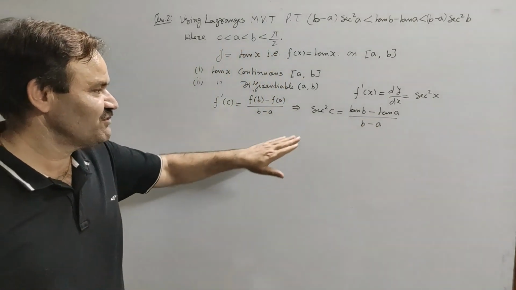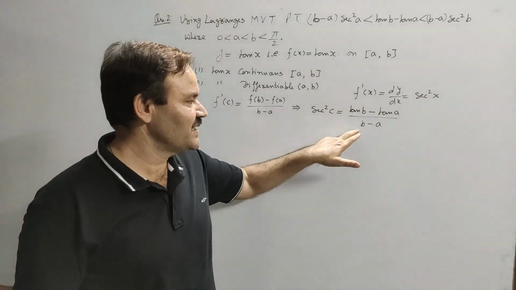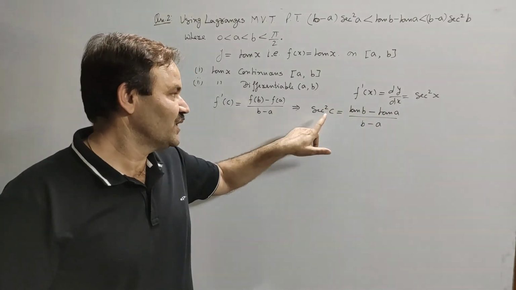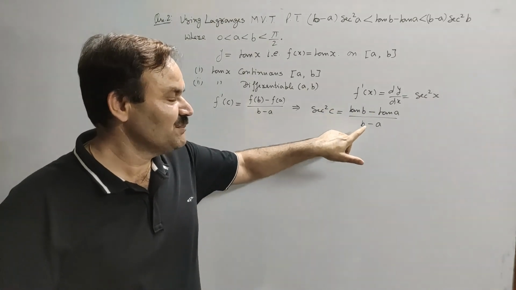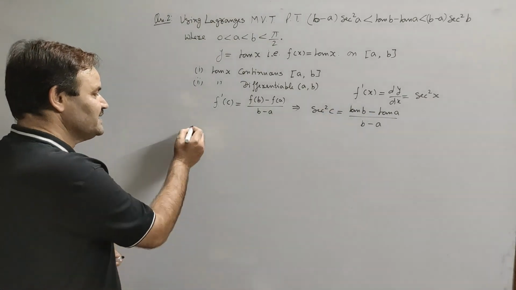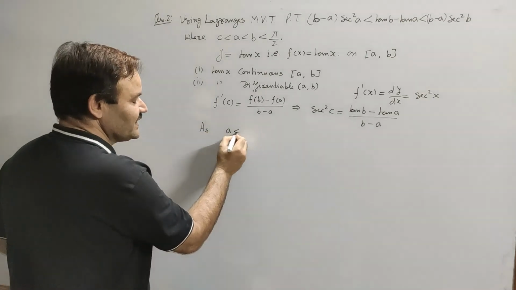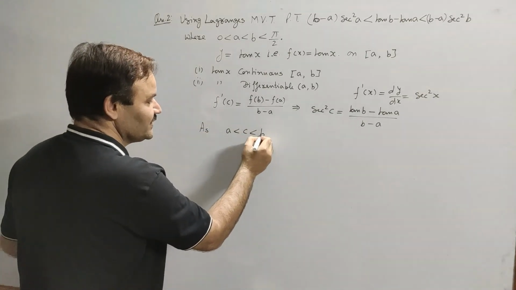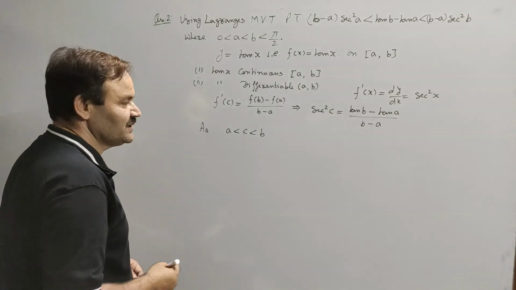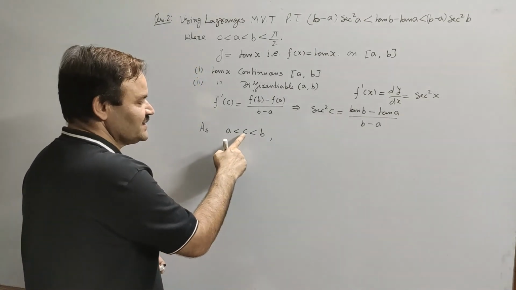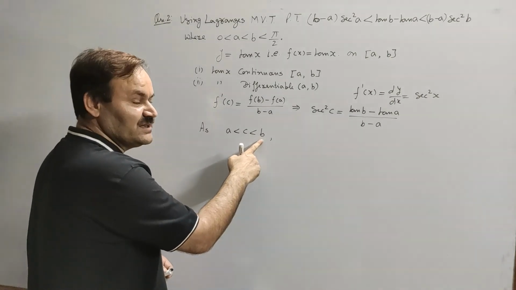It means sec square c will be tan b minus tan a upon b minus a, because c is lying between a and b. That is, as a is less than c is less than b, sec a, sec c, sec b.